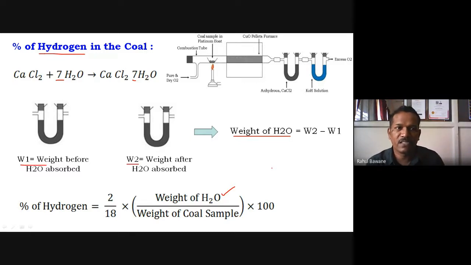We are not measuring percentage of carbon and hydrogen with this experimentation. We are measuring weight of H2O and CO2, and with the help of formulas, we are calculating. So there is a difference between measurement and calculation. Okay.